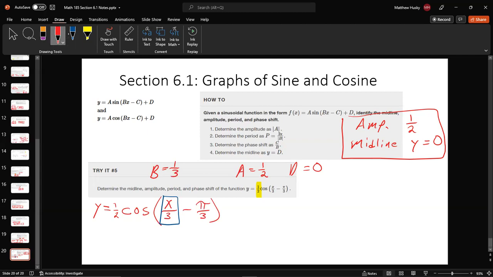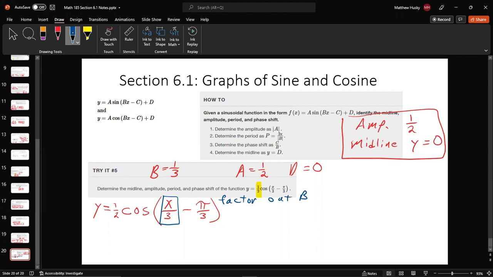And what we need to do is factor out b. The reason for doing that is we want to separate the phase shift from the period so that we can look at them individually. Because the way the formula is written now, they're kind of jumbled together, and if you say the phase shift is left by pi or right by pi over 3, you're going to get it wrong, basically.